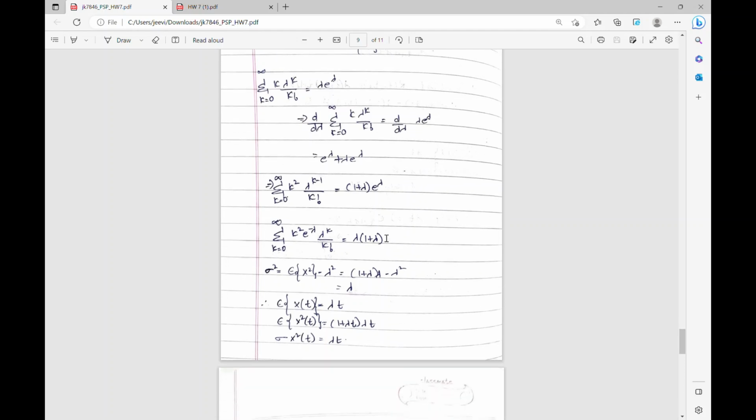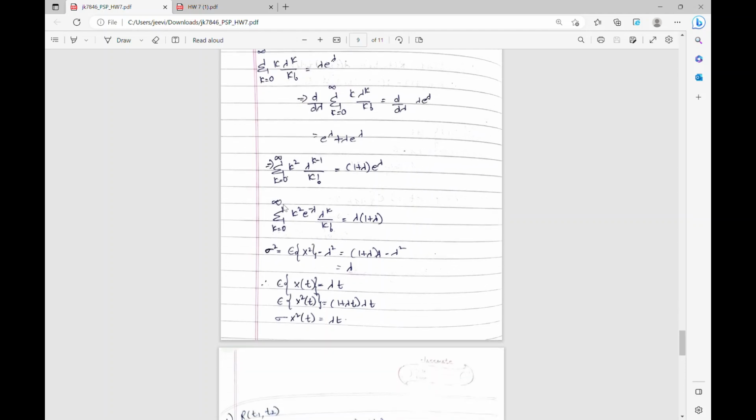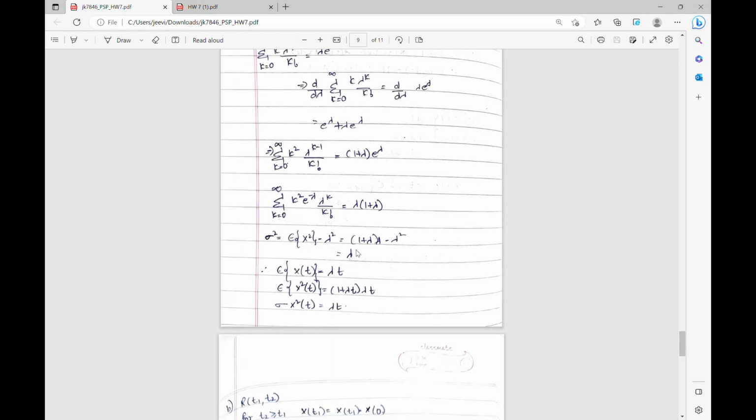Now, if we send this e to the power lambda to this side, the summation k equal to 0 to infinity of k square into e to the power minus lambda into lambda to the power k by k factorial will be equal to lambda into 1 plus lambda. Therefore, sigma square is equal to E of x square minus lambda square, that is, (1 plus lambda) into lambda minus lambda square, which is equal to lambda.